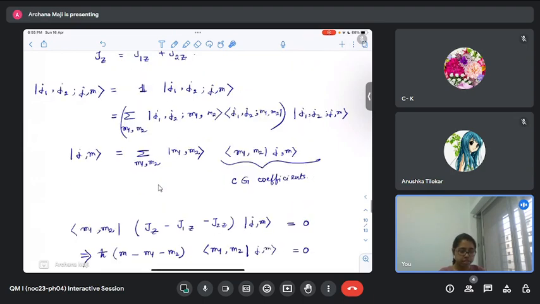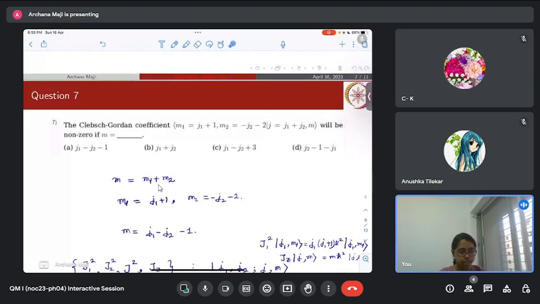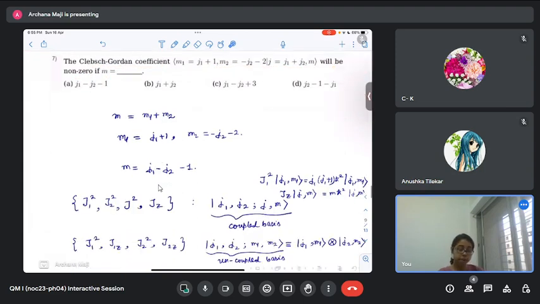So that's why we say that the Clebsch-Gordan coefficient, this particular thing, will be non-zero if M equal to M1 plus M2, and that's what we did here. You get what I'm saying? Yes, madam.